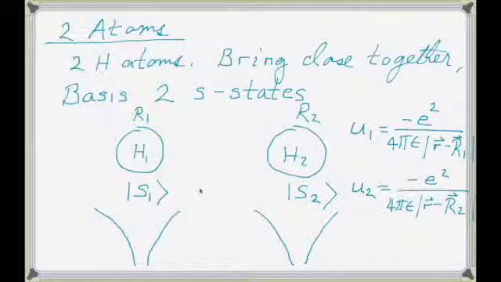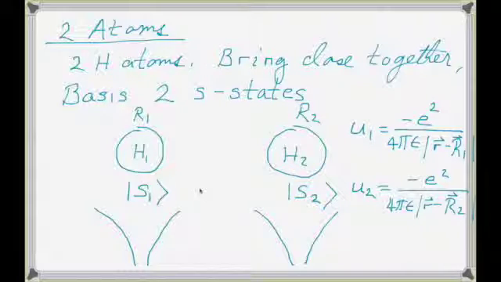That's the potential that the electron feels due to the proton of each hydrogen atom. A hydrogen atom is just a single proton. Let's just think of having one electron in this problem and two states, so we don't have electron-electron interactions to worry about.